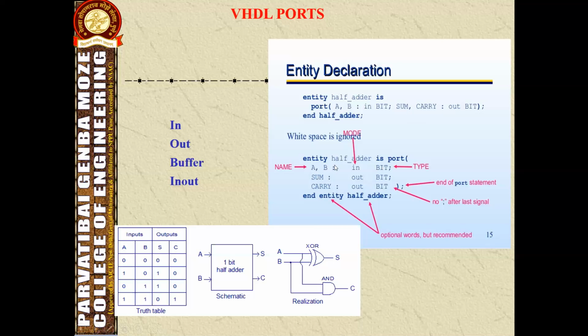Then out: the out port is only an output port. In any assignment statement, the port should appear only on the left hand side of the statement. This terminal is only used for output purpose.